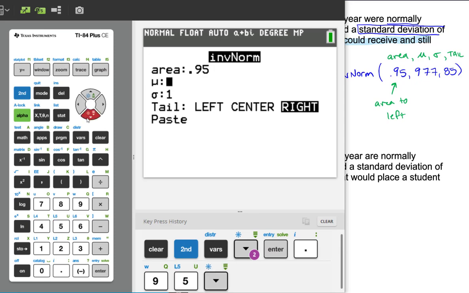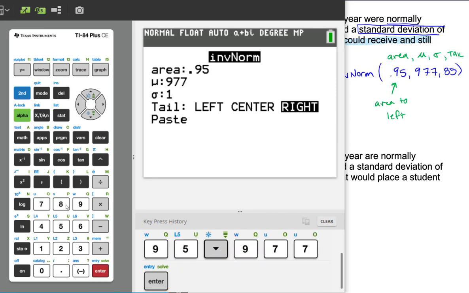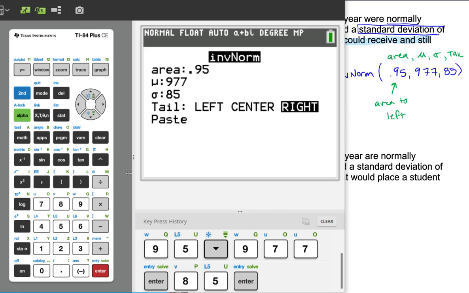Mean and standard deviation. If I was using a standard normal distribution, I would leave those with 0 and 1. But because I have a different mean and standard deviation in the problem, I'm going to go ahead and change those to what was provided. Now, if you don't have this input tail, then just assume that your input is left, because that's the basic functionality of the calculator.